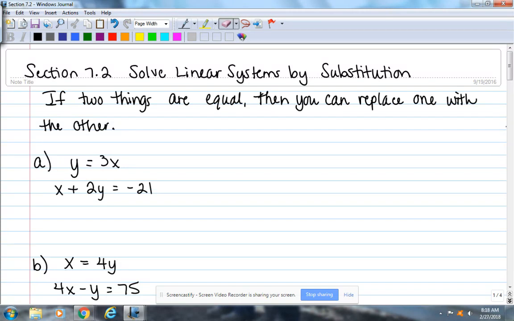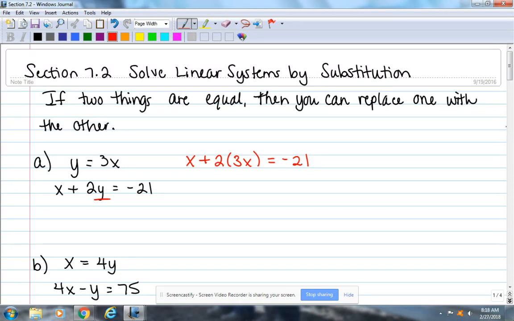Okay? So y equals 3x, so where this y is down here, I can replace it with a 3x, and that's what I'm going to do. So x plus 2 times 3x equals negative 21. So my parentheses right here is where a y used to be. And I'm replacing one with the other because they're equal to each other.